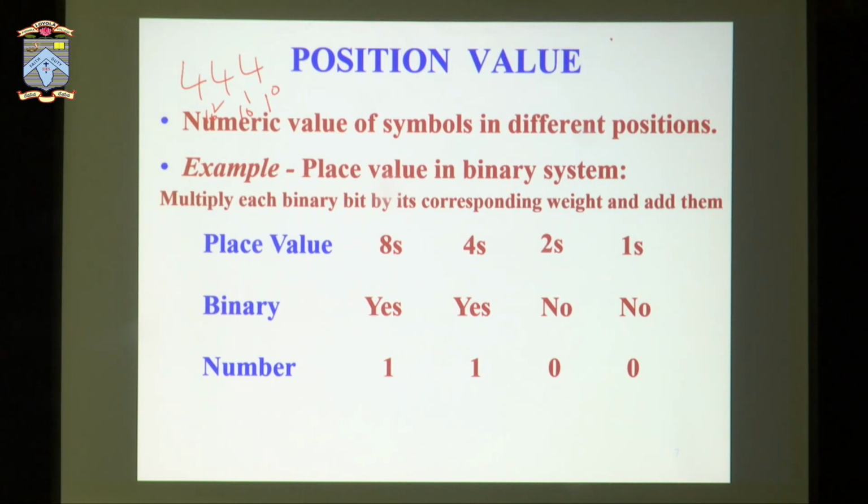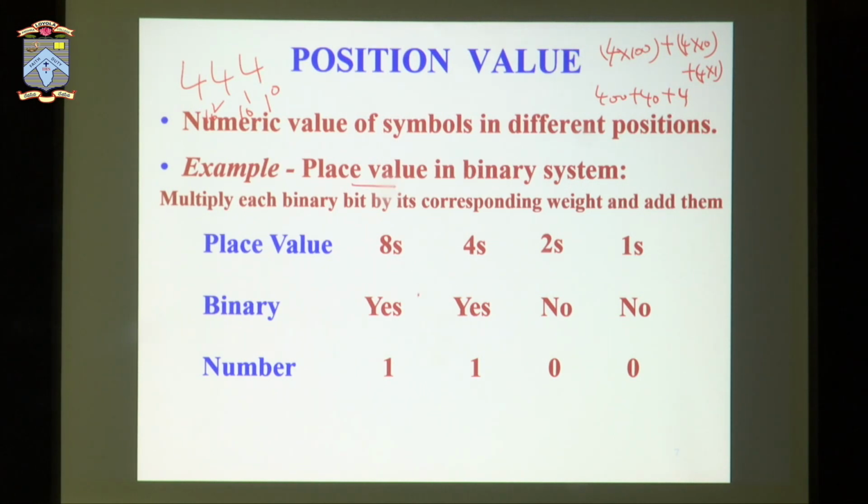Therefore, when you multiply 4 with 100, 10 square is 100, plus 4 into 10, then 4 into 1, as 10 power 0 is 1. 400 plus 40 plus 4. So, finally the value becomes 444. That is what is called the position value or the place value.